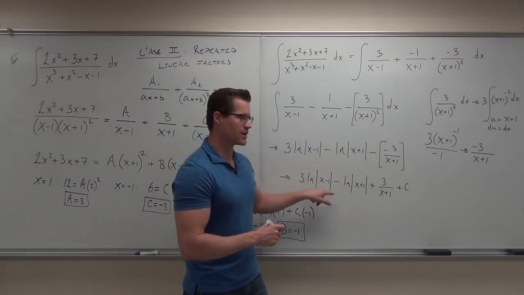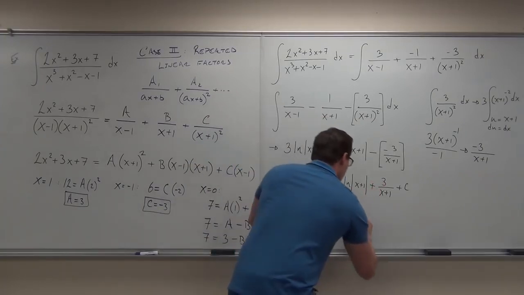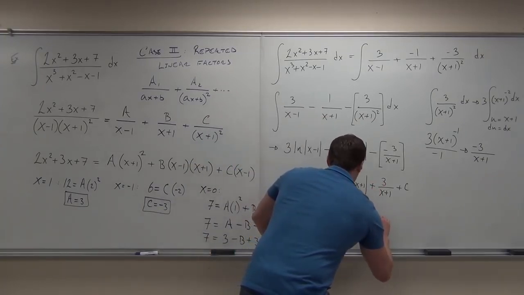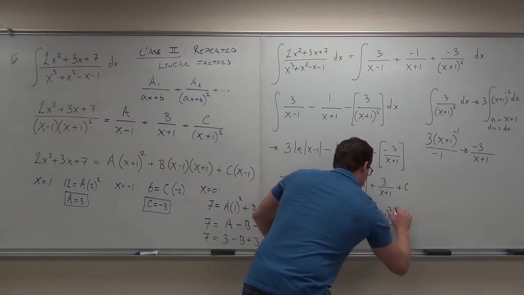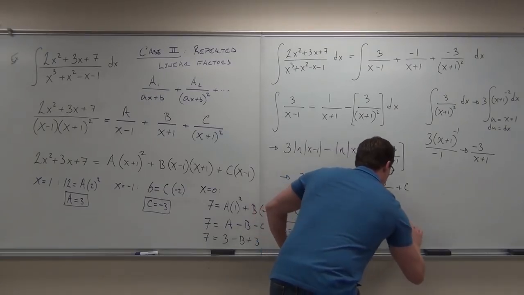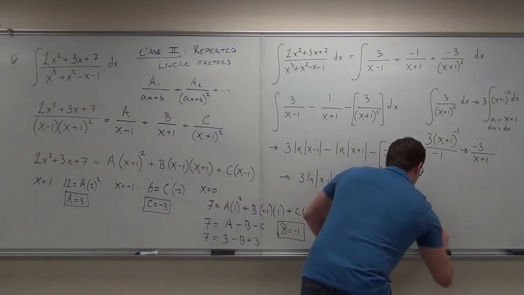So occasionally you'll get stuff like this. You say, okay, well this can translate to, just to make it nicer looking, ln of x minus 1 to the third over x plus 1 in absolute value plus 3 over x plus 1 plus c.